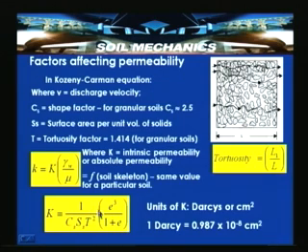Here the units for K are indicated as Darcys. 1 Darcy is equal to 0.987 into 10 to the power of minus 8 centimeter square. So, the absolute permeability units are centimeter square or Darcys.